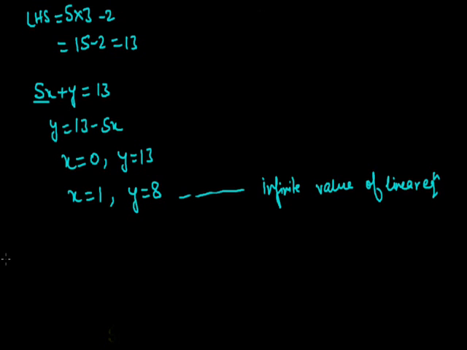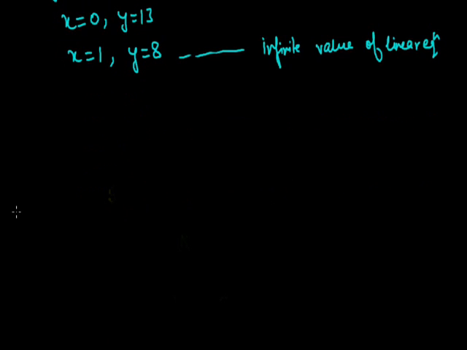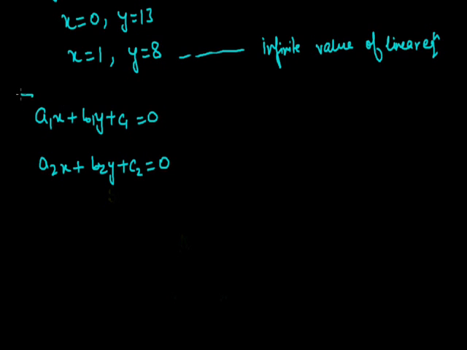Like suppose I take the simultaneous linear equations a1x plus b1y plus c1 is equal to 0 and a2x plus b2y plus c2 is equal to 0. If I need to find the unique solution of these simultaneous linear equations, I can easily get it, because there are two variables x and y and I have two linear equations.